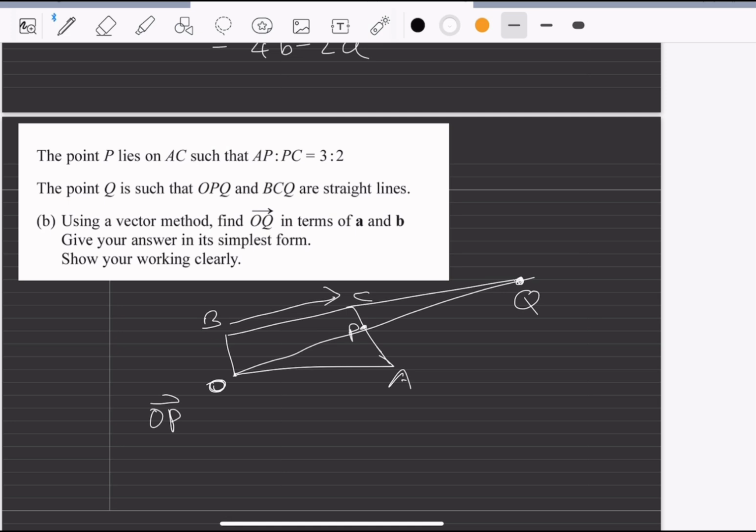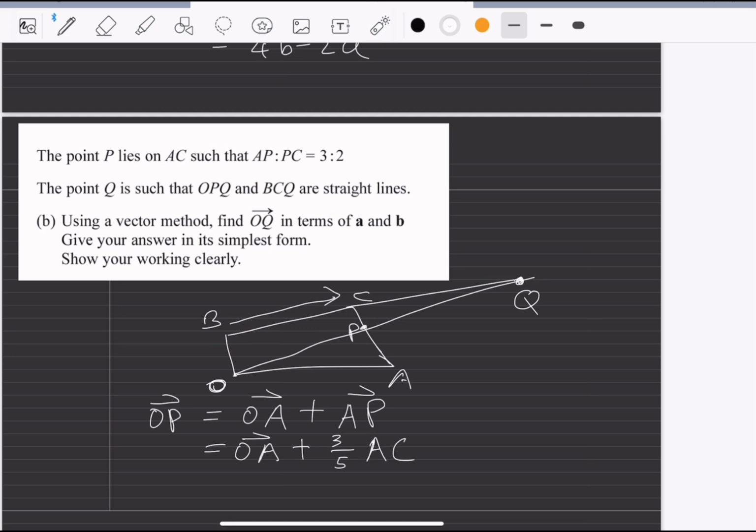From O to P is the same as from O to A and from A to P. We don't know what AP is, but we do know that AP is 3/5 of AC.